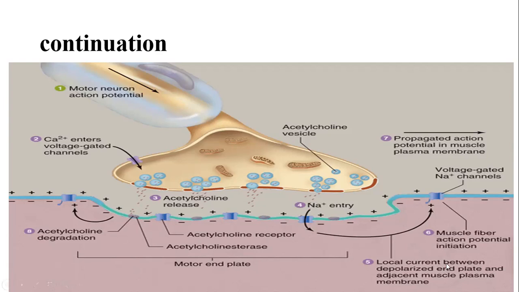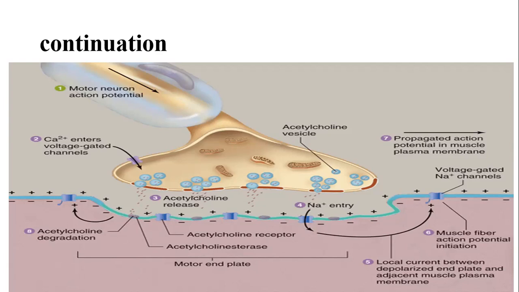Then when you go to 5, it's saying local current between depolarized end plate and adjacent muscle plasma membrane. So there's going to be another muscle action potential generated on the other side, and we talked about how that happens. Then at 6, muscle fiber action potential initiation.